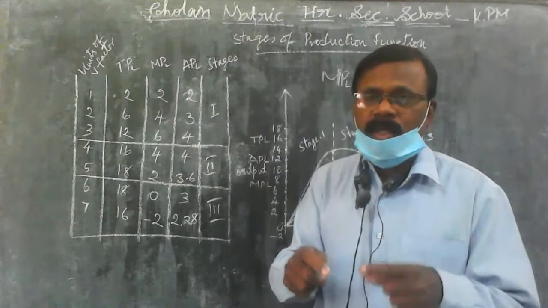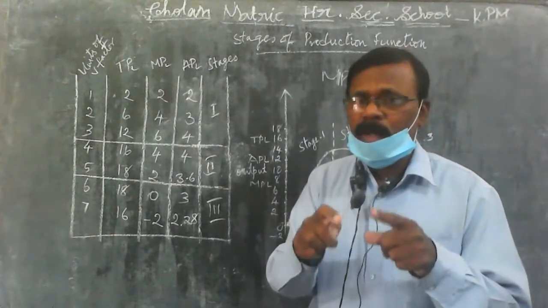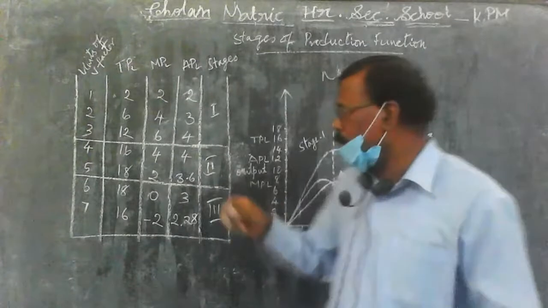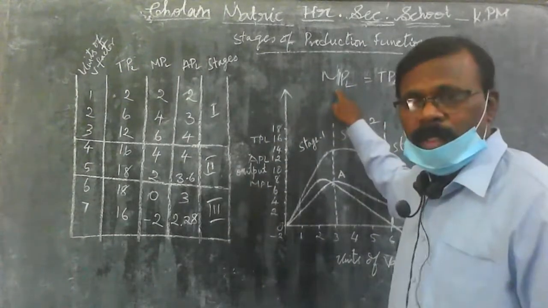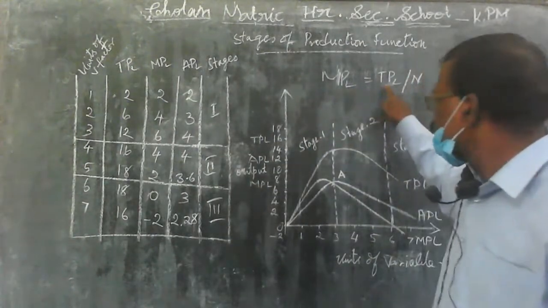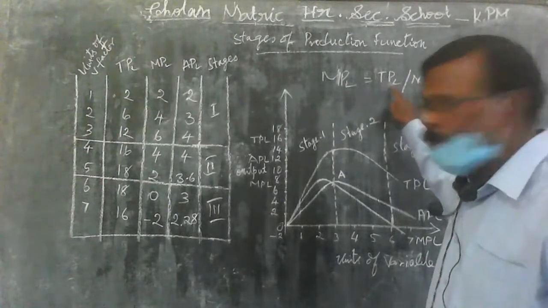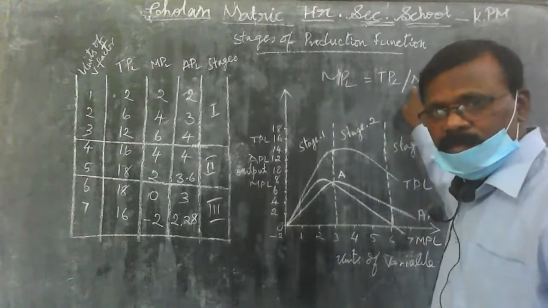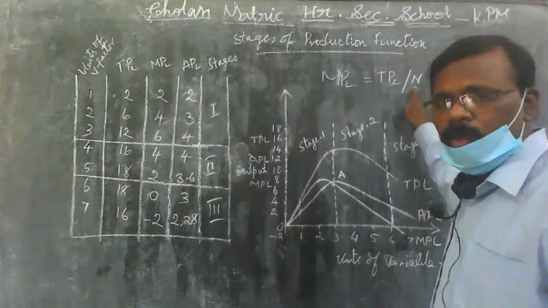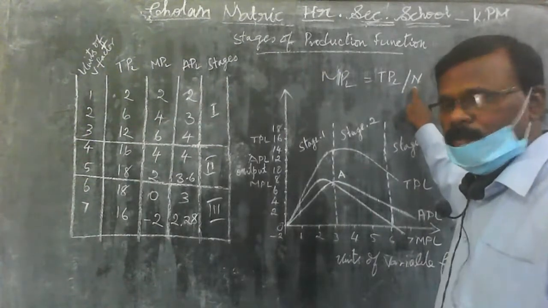That is called MPL, marginal product of labor, or marginal product. So how do we get marginal product? The total product divided by N, that is, the number of units of a variable factor.